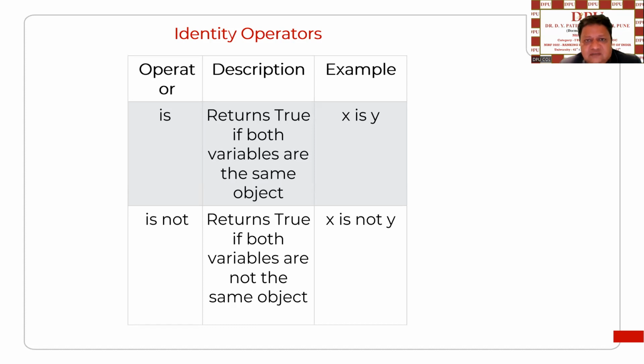I will get false. So again, you can see that the result of this identity operator is also a Boolean value. It will tell you whether x and y are the same object, whether they are pointing to the same memory location or not. If they are pointing to the same memory location, it means what? A single memory location has two names.